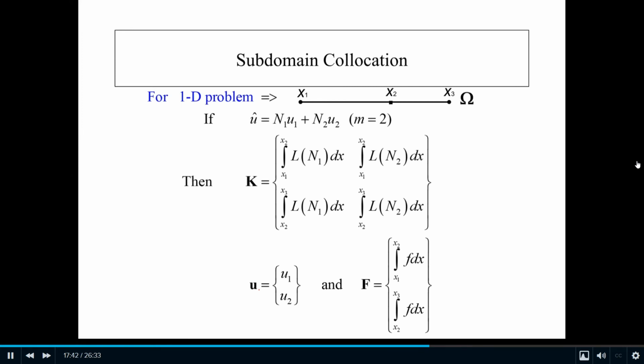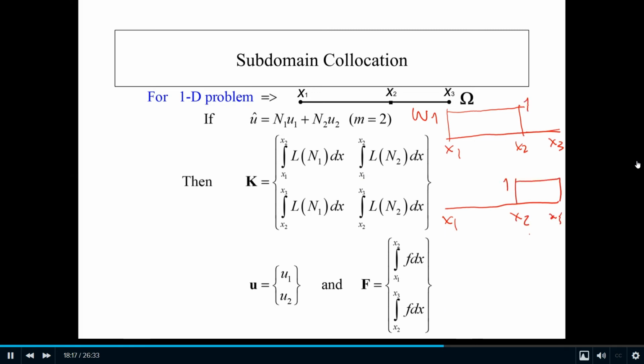So for example, for the 1D problem, you choose a 2-term approximation. So if you have like this, it means that you should have 2 terms of weight function. So this is x1, x2, x3, right? For W1 it is 1 here and 0 here, right? And for W2, with x1, x2, x3, it is 1 here.